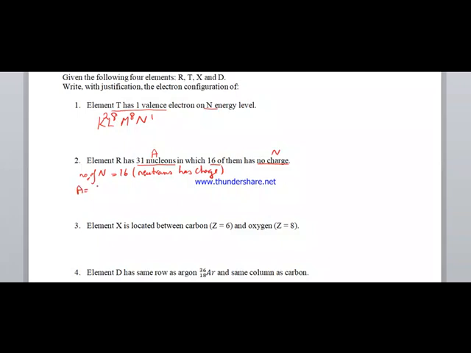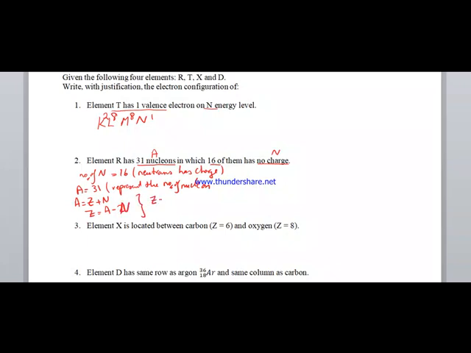Mass number A is equal to 31 since A represents the number of nucleons. To write the electron configuration, we must find the atomic number. A is equal to Z plus N, and Z is equal to A minus N.